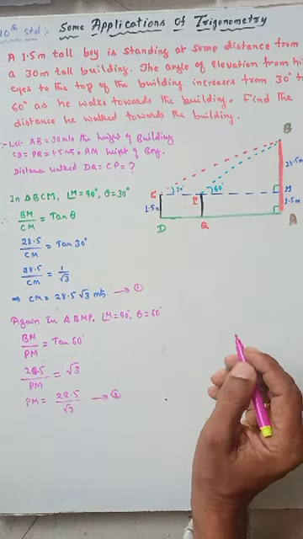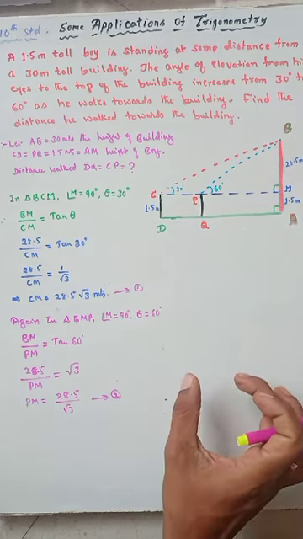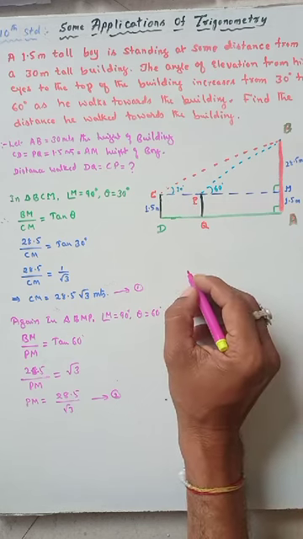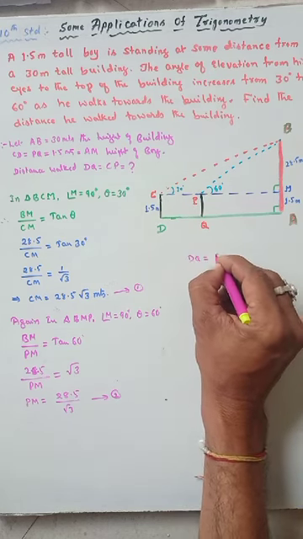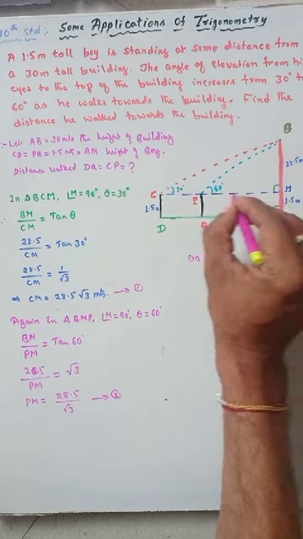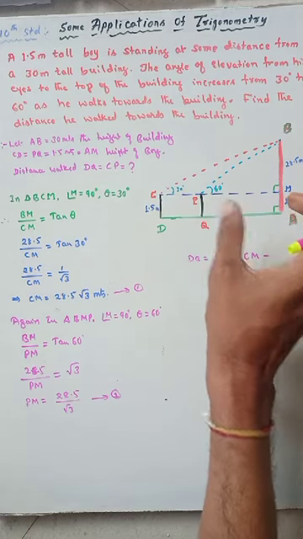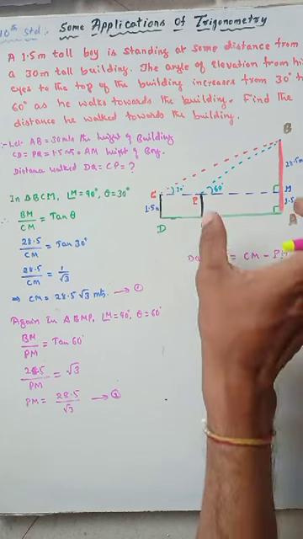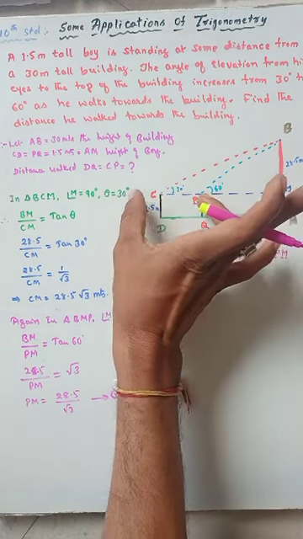What we have to find is CP or DQ. How we are going to get CP? DQ is equal to CP, given by CM minus PM. If we subtract the bigger side by the smaller side, we will get this one.